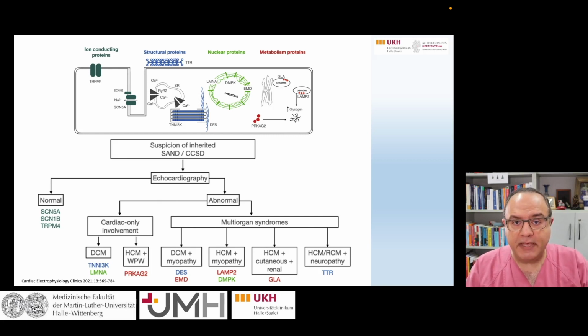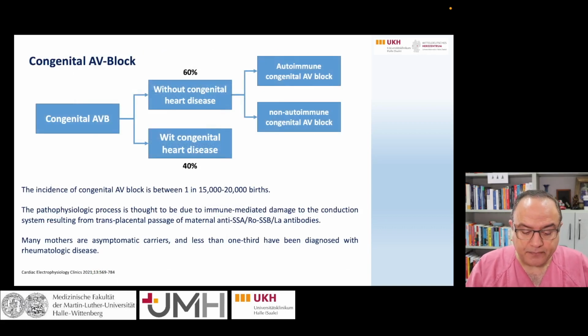So if we have a patient like our patient, younger than 50 with AV block, we also have to consider different kinds of genetic mutations which can cause AV block with or without cardiac or extracardiac symptoms.